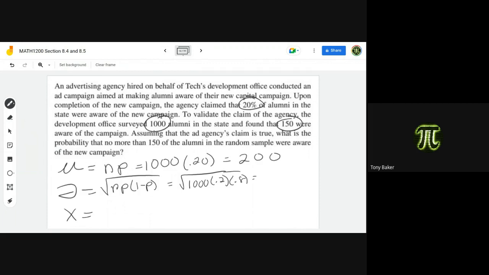Wait, I think it's, that's better. So 12.65. And what's x?